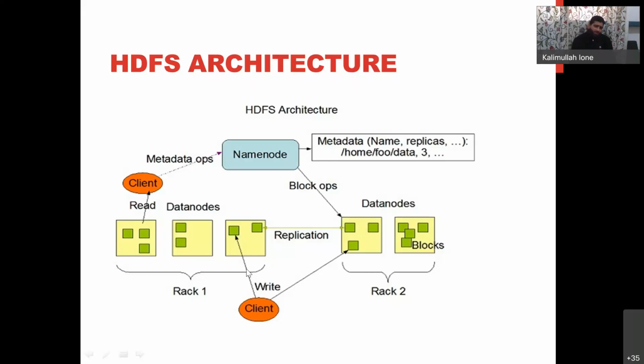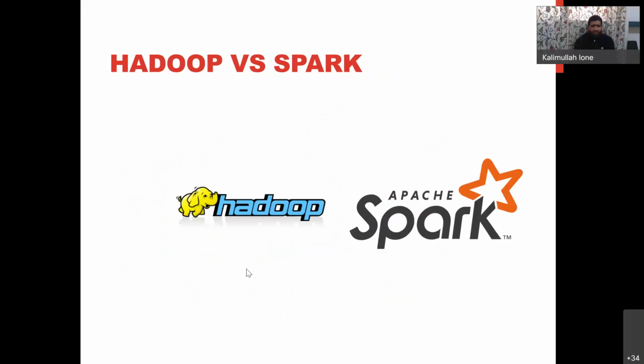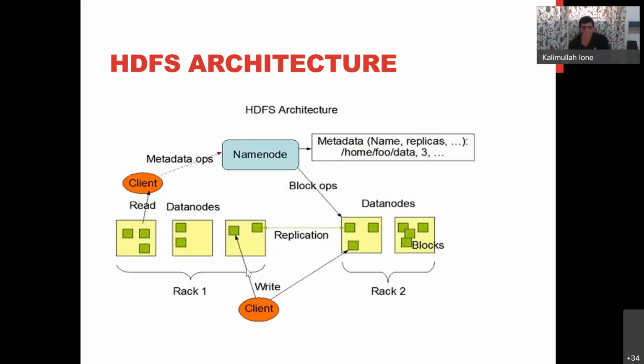So this is the HDFS block where data is being stored and the block operations are being done, and how clients search metadata, read data, and how they write data. So this is the Hadoop distributed file system, and we were dealing with Hadoop.